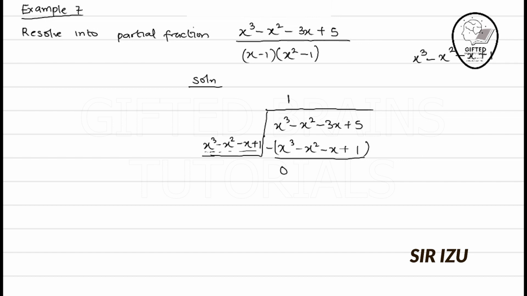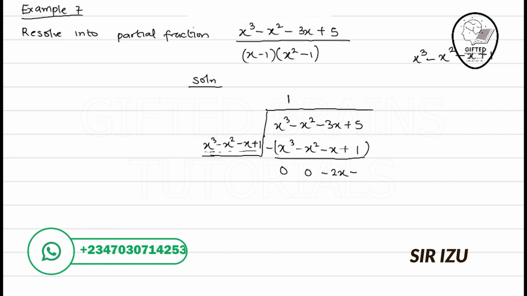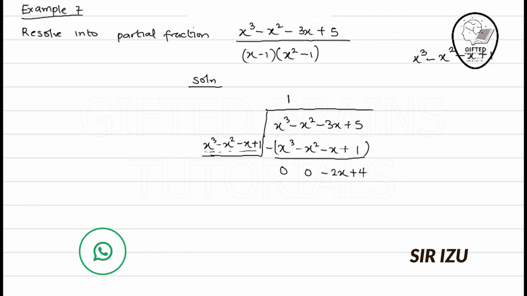Minus x squared plus x squared, that's minus x squared, that is plus, we also have 0 as well. And minus 3x minus x will give us minus 2x. And then 5 minus 1 will give us plus 4. So this is what we would have.